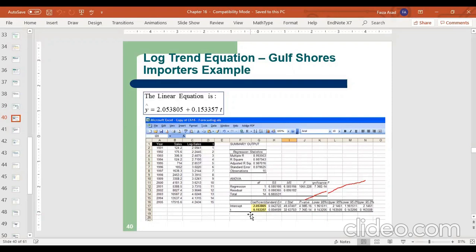In the already linear data, we discussed the interpretation, but that interpretation was in units. In the log trend equation, it will be in percentage. So let's move on to the next slide.